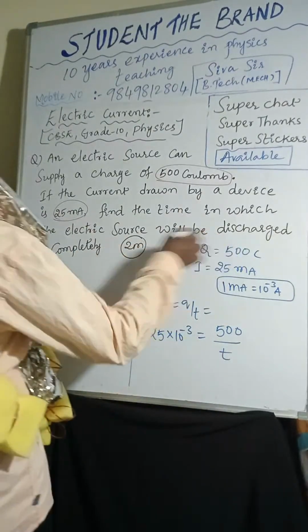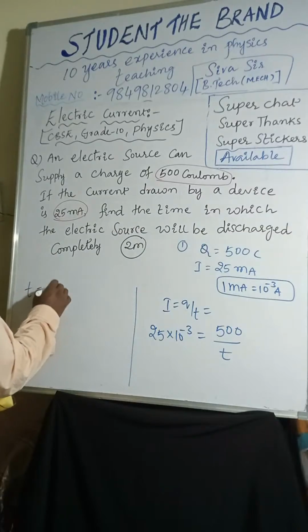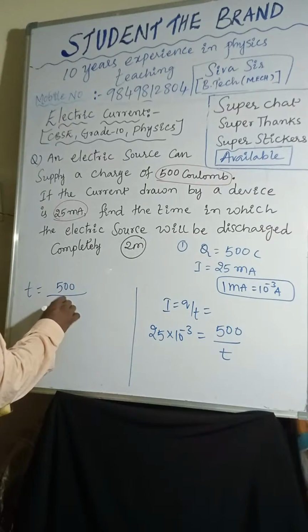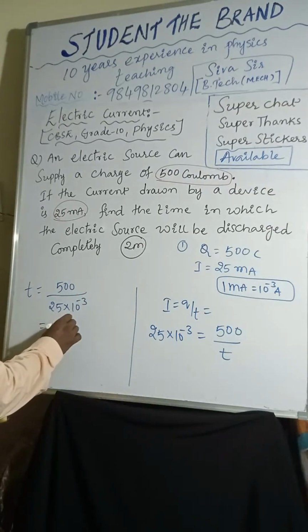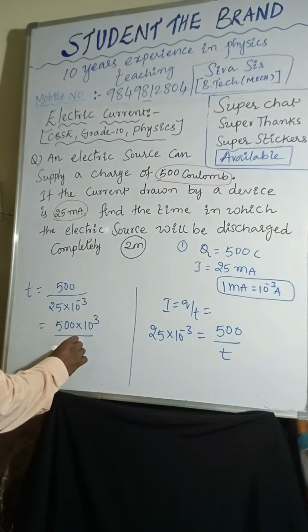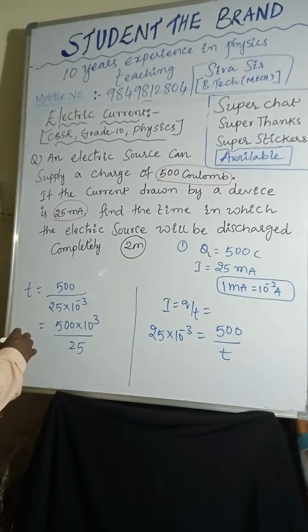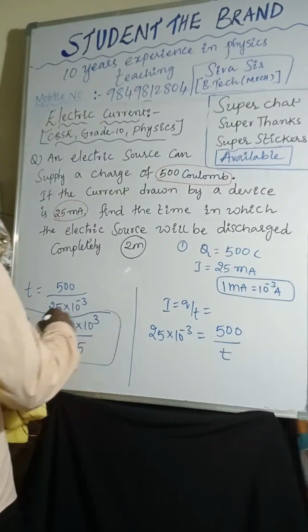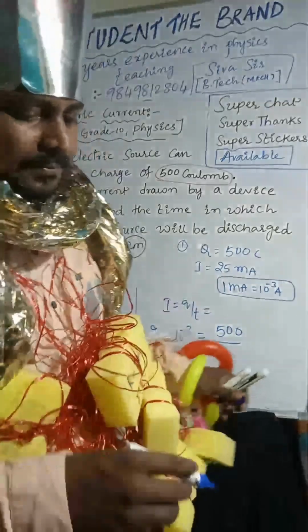We have to find T. Find out how much you get. Try to do it.